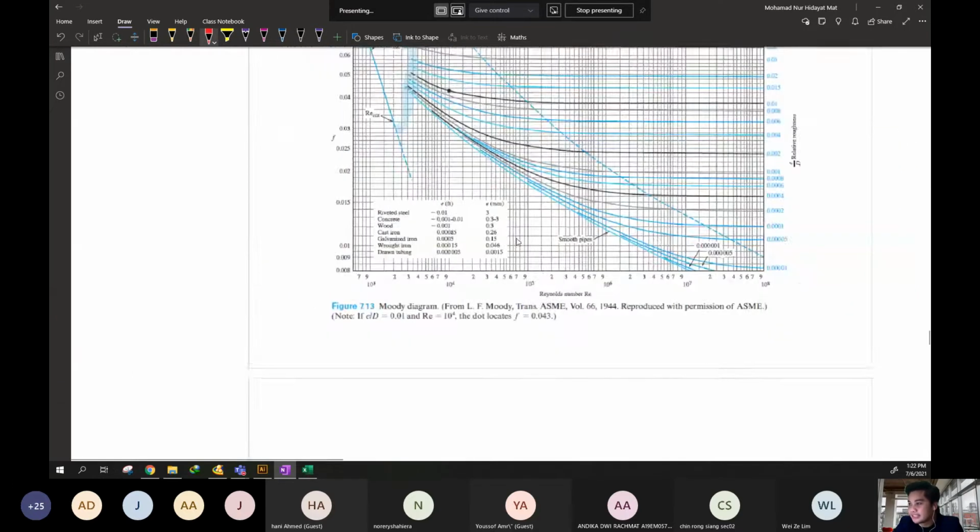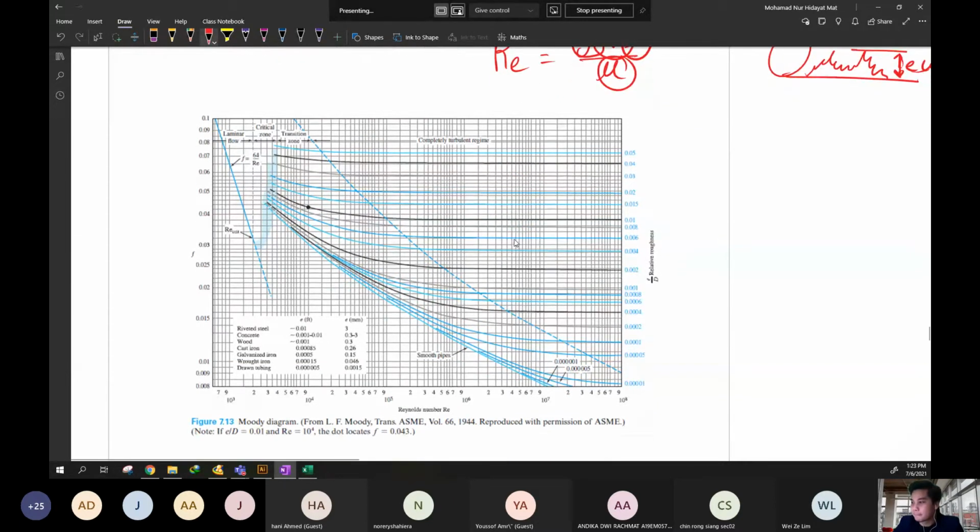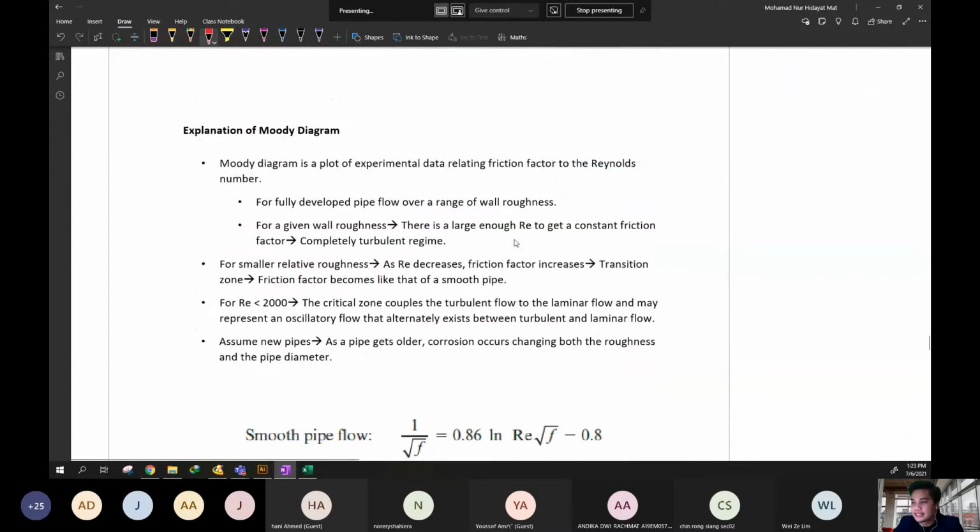This Moody chart is very useful to get the friction factor based on the Reynolds number. So this is a little bit of the explanation of the Moody chart. The Moody diagram is plotted based on experimental data. Remember that previously, when we had the dimensional correlation, we could form the experiment.